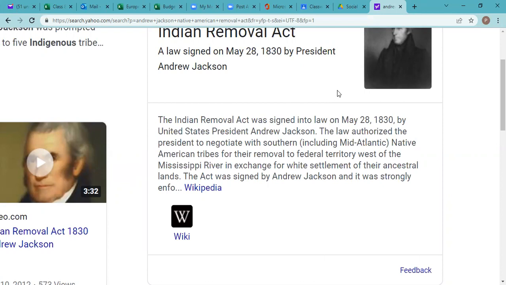Okay. So very sticky subject there, and if you read about some of these areas about how the Indians were moved, or the natives were moved, there were a lot of people that died along the way.